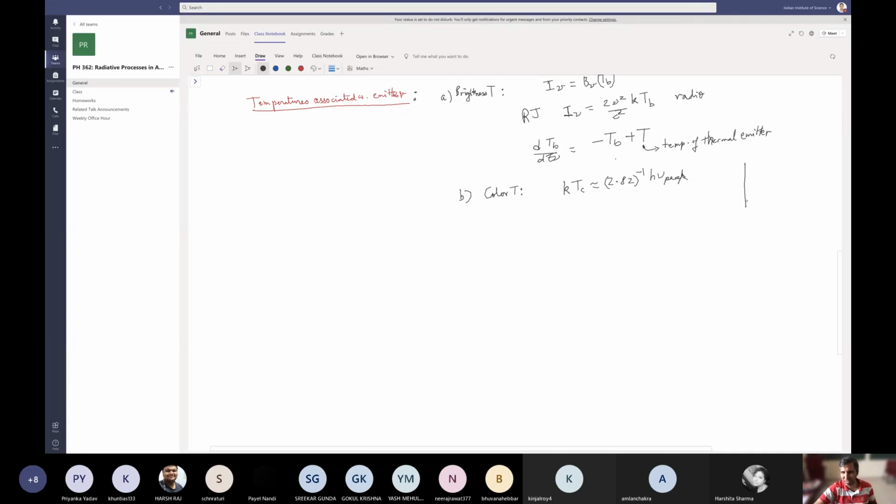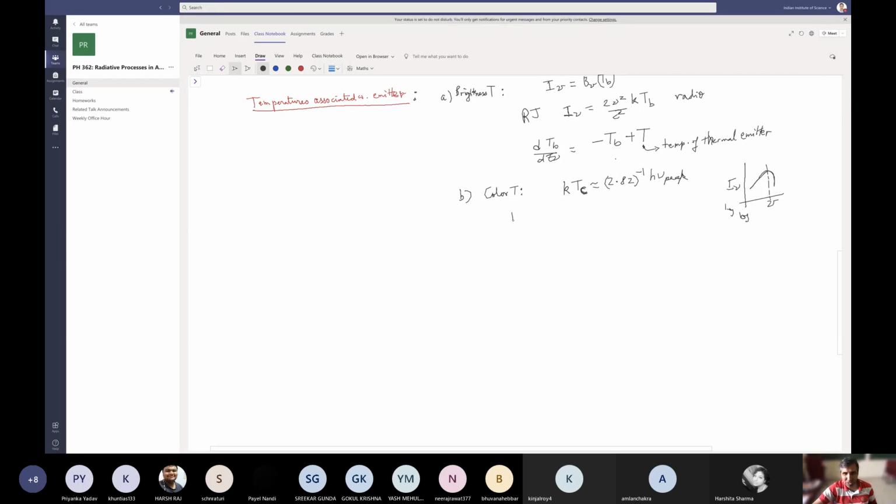If you look at a stellar spectrum, this is log again, and this is I_nu, or the flux as a function of frequency, and you are able to measure at what frequency the radiation is peaking. If you know the peak, you can get the corresponding black body temperature, and that temperature you call color temperature. Only for a black body will color temperature be equal to the black body temperature. If you have some other radiator and it has a peak, this is just the definition of color temperature.